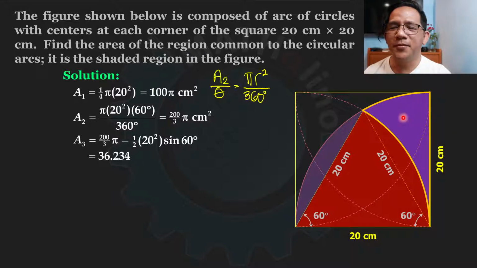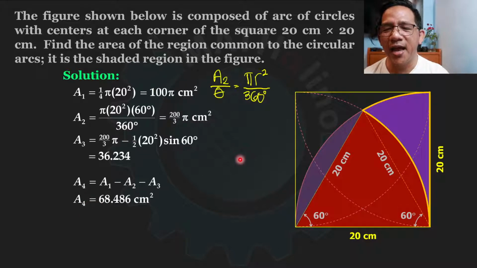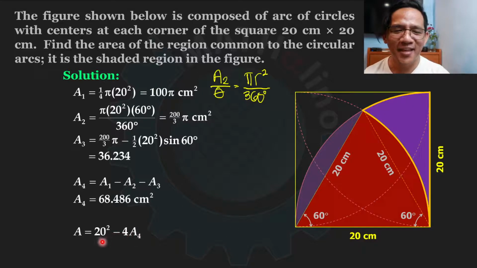Very clear that this area is equal to area 1, the 1/4 of the circle, minus the sector of the circle, area 2, minus the segment of the circle, area 3. We have this area 4. And take note that the required area is equal to the area of this square minus 4 times this area 4. Okay? This is the answer.